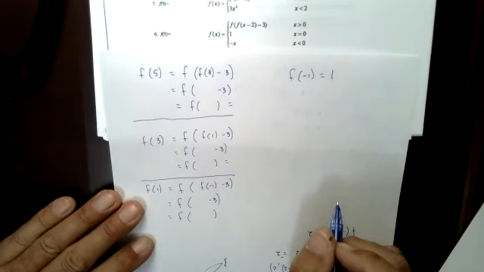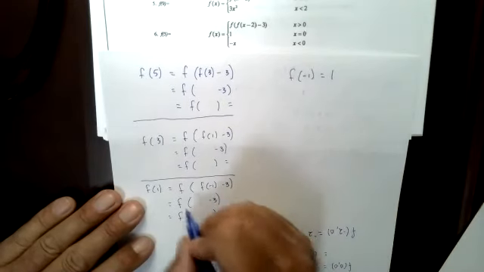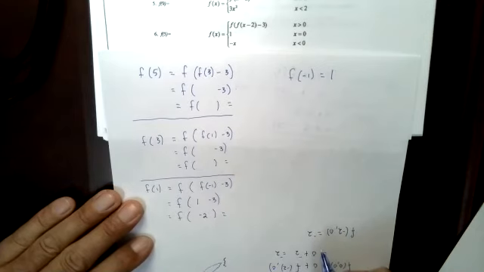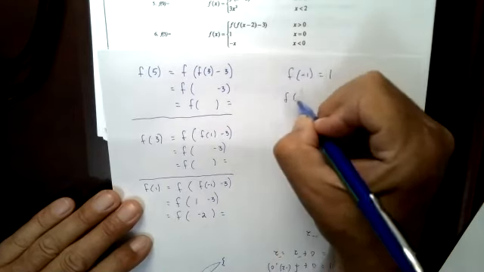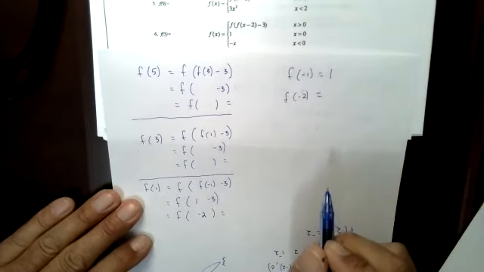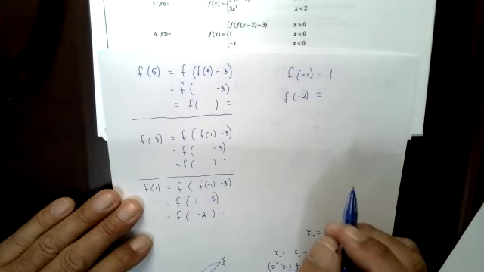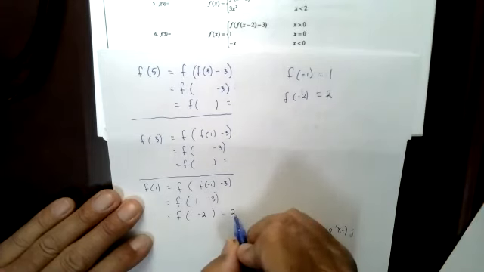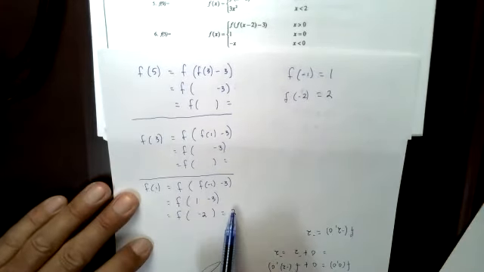I got a 1. Put that in. This now becomes f of negative 2. What is f of negative 2? 2. So now I end up with a 2 here. So f of 1 equals 2.